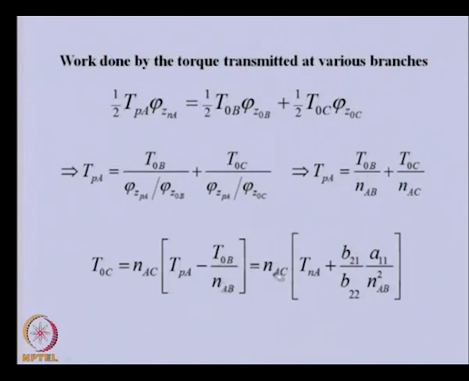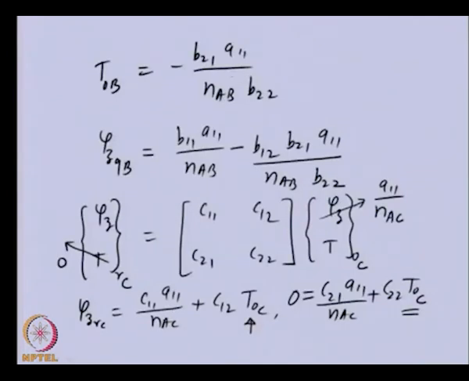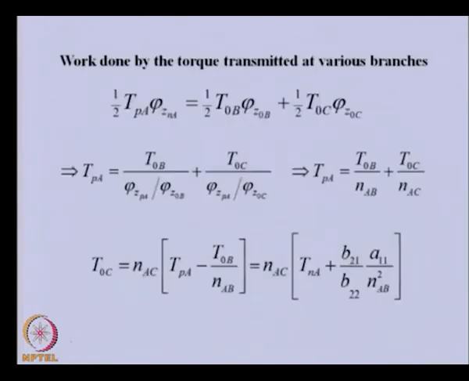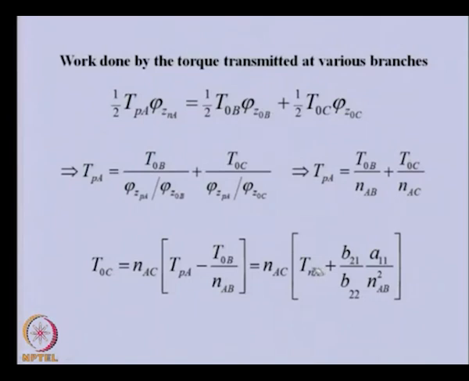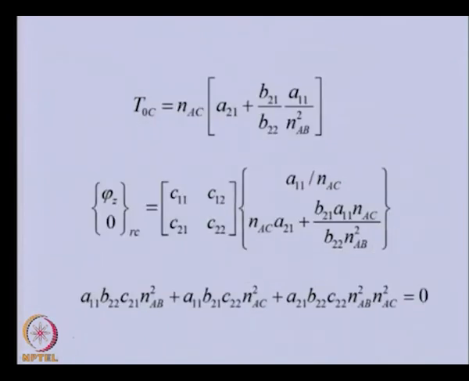Earlier we obtained T naught B, so I am substituting that expression there. This particular T naught A we also obtained earlier, so I have substituted that as A21. So this is T naught C. This is the equation for branch C which we earlier wrote. This was the boundary condition, this we converted using the gear ratio, and this was the T naught C.